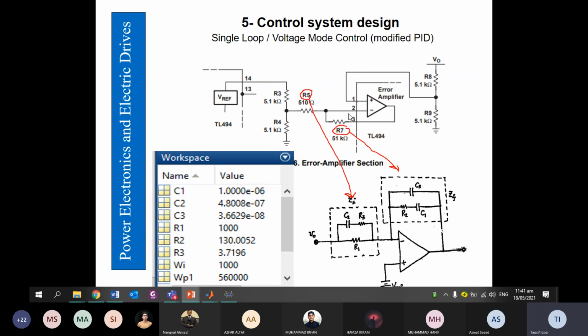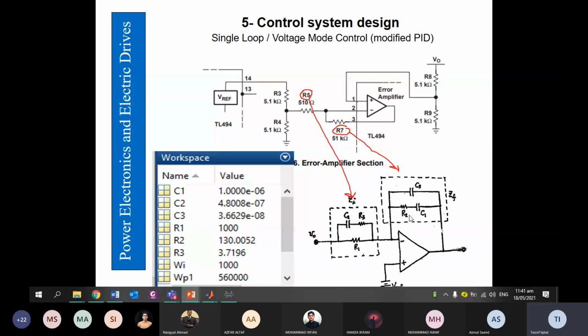On pin 2 of TL494, we are going to put R1, R3 and C2, and between pin 2 and 3, we are going to put C1, C3 and R2.